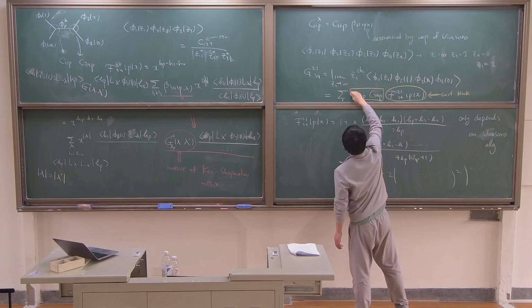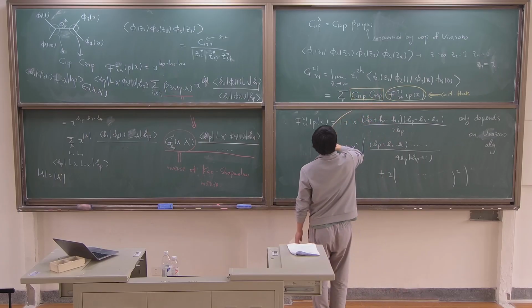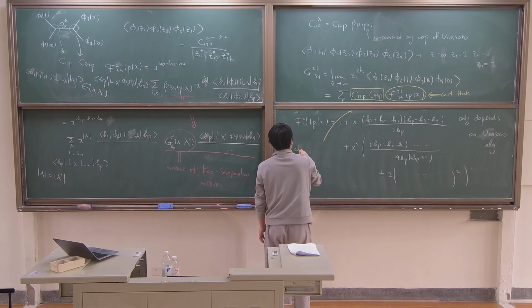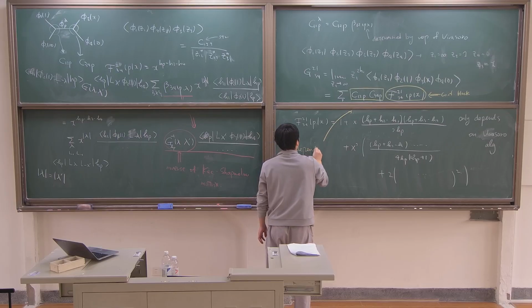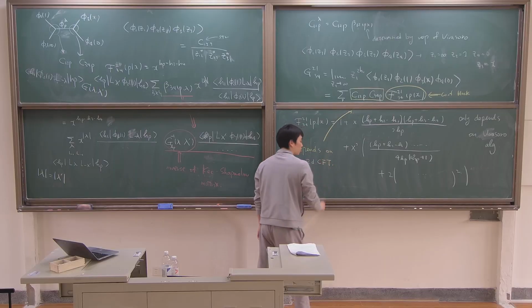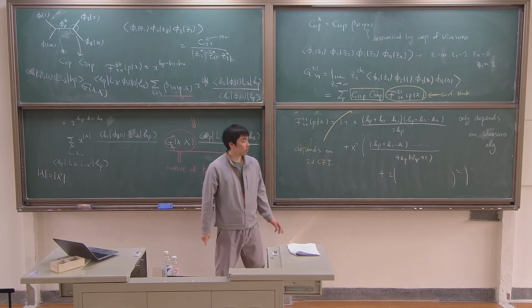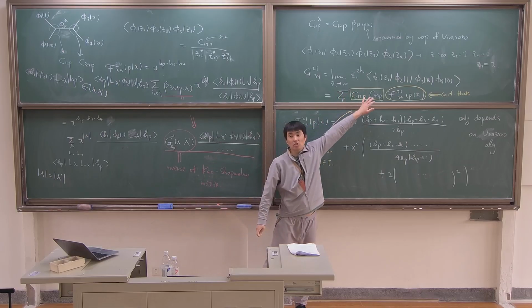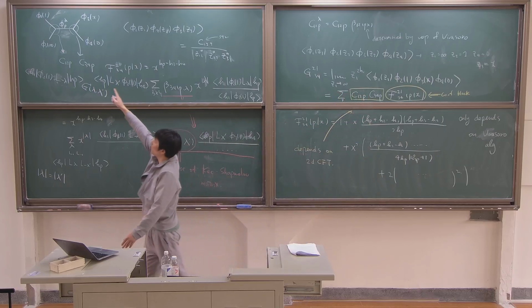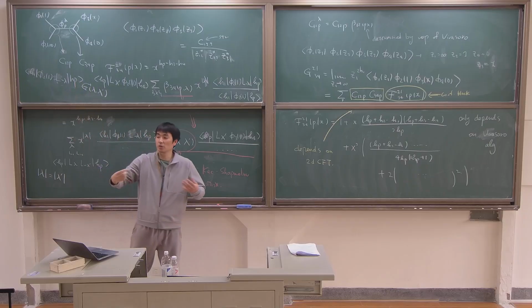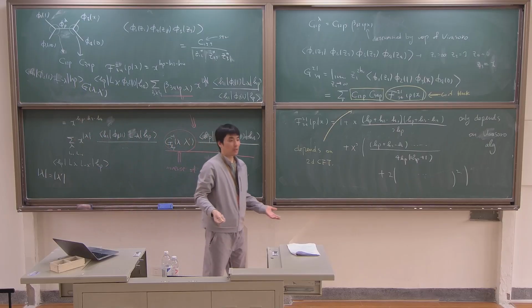And this 3-point function depends on the 2D CFT you consider. So this structure constant depends on which primary field you pick and which 2D theory you consider.